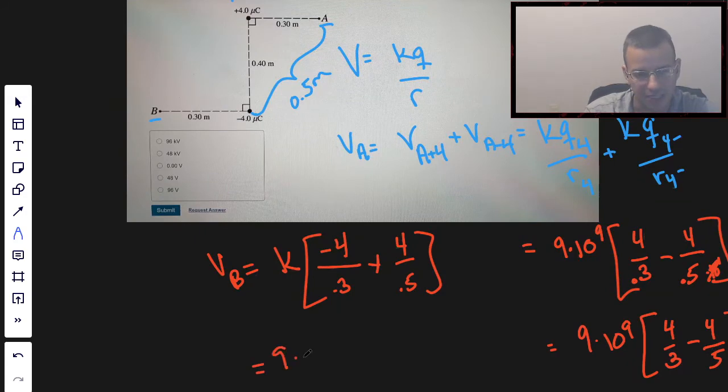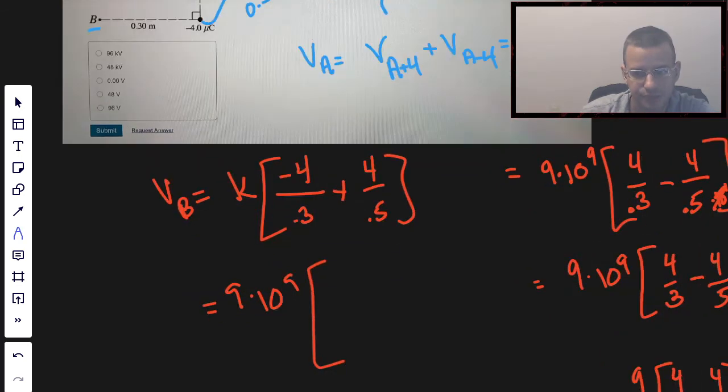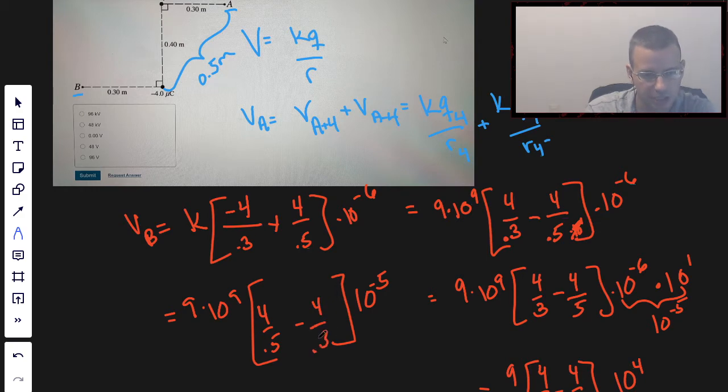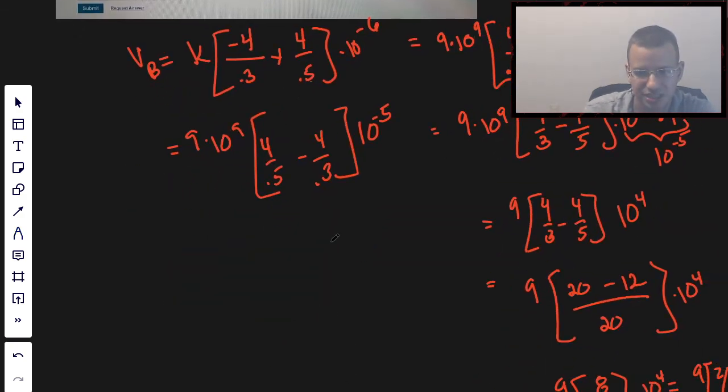So we're going to have 9 times 10 to the 9th times 10 to the negative 6 as well, which becomes 10 to the negative 5th, which I figured out previously. And we have 4 over 0.5 minus 4 over 0.3. Is that the exact opposite of what we just did? I think it totally is. Which is 9 times 10 to the 4th.